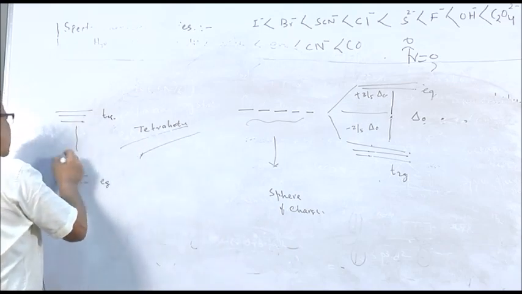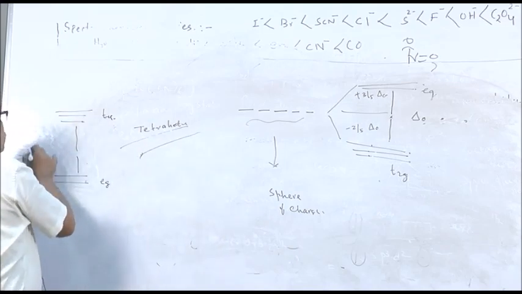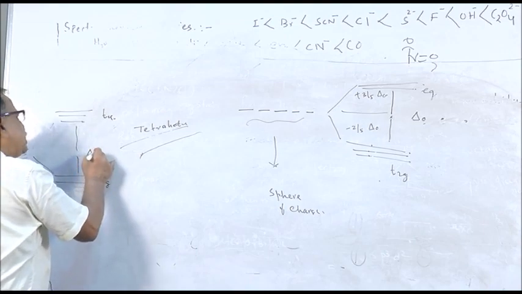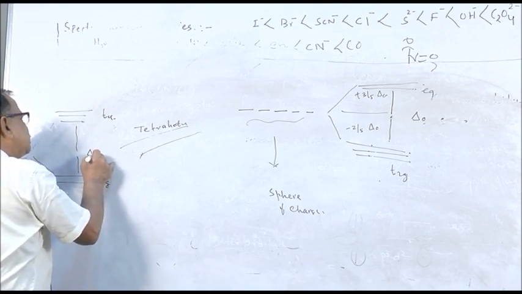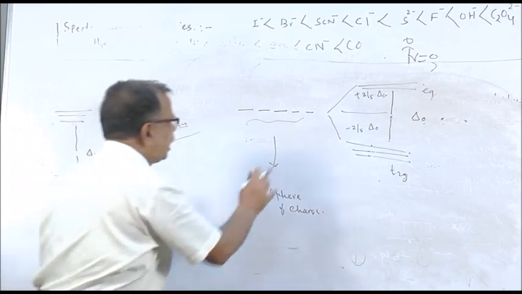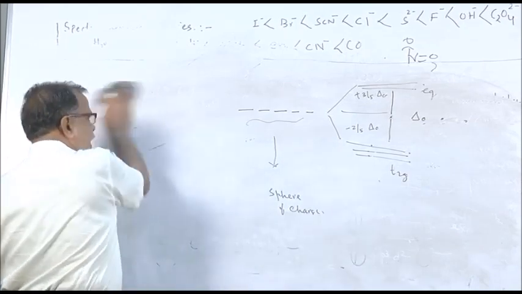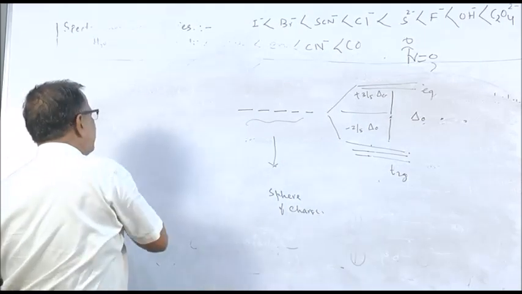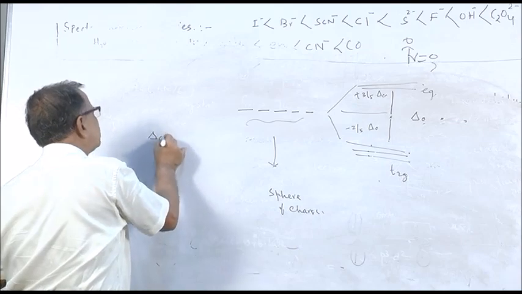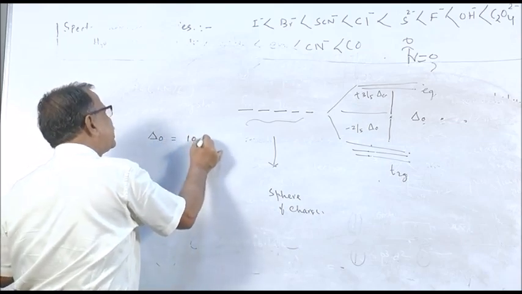The distance between them is delta T, tetrahedral, and this one is delta O. We may write delta O as 10 Dq.